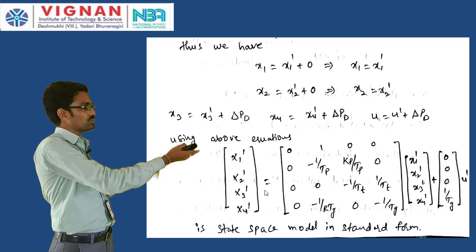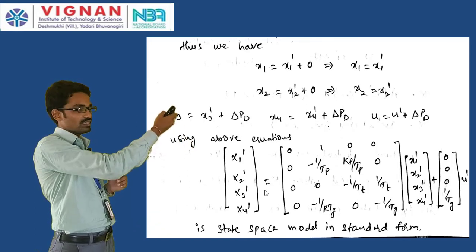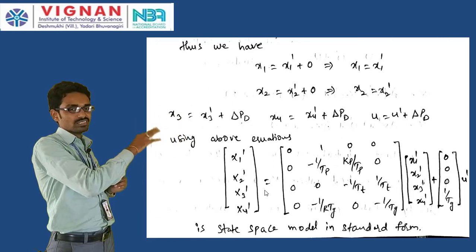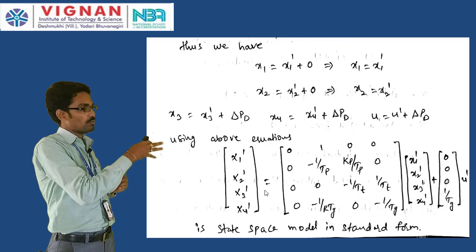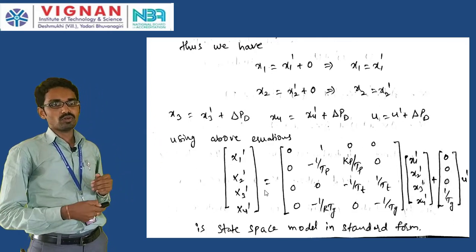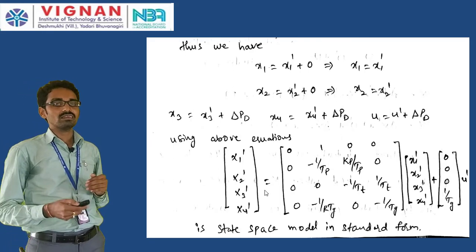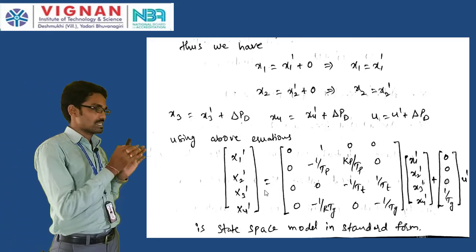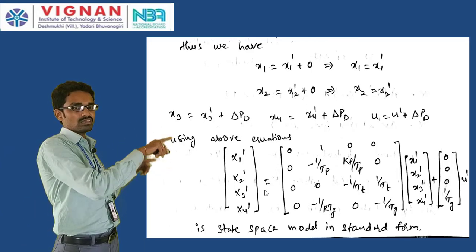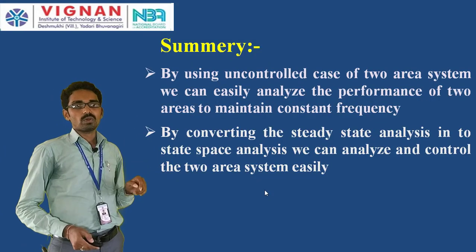And u is a vector there: 0, 0, 0, 1 by Tg. So this is in the form of the standard state space model. We are converting the steady state response into the state space model.